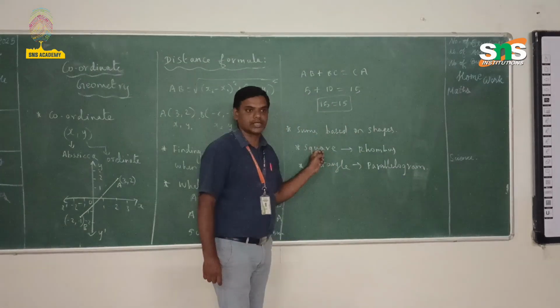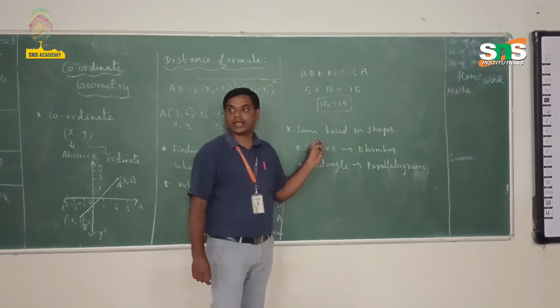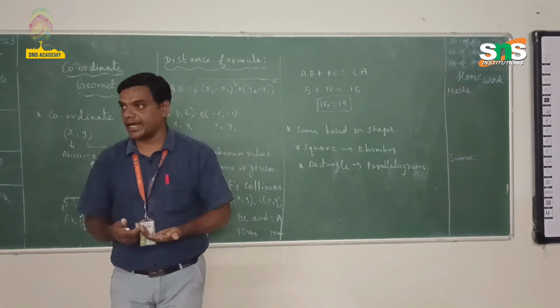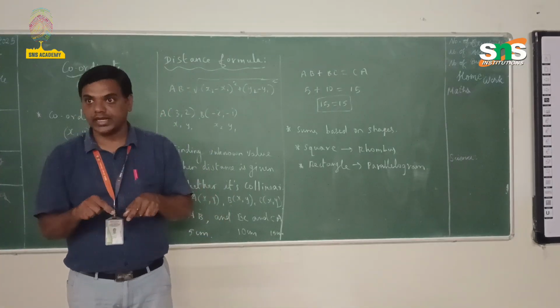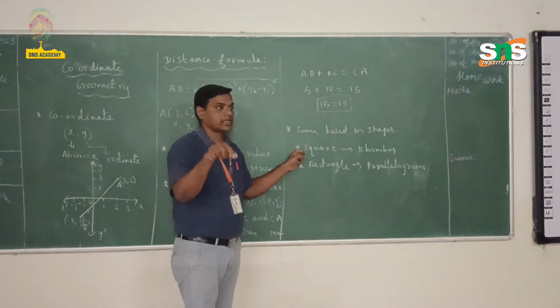In a square, what is the condition? All the sides are equal and diagonals are equal. So when they ask whether it is a square, we have to find all the sides and then the diagonals.